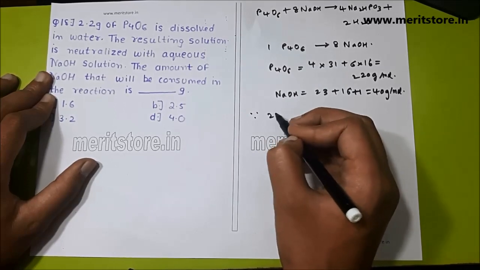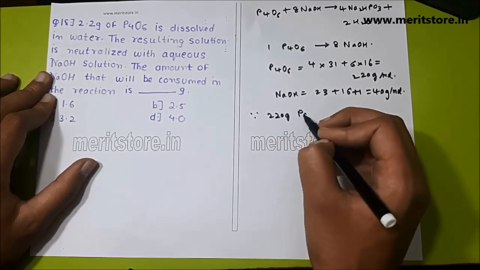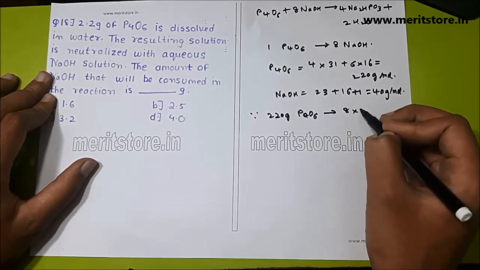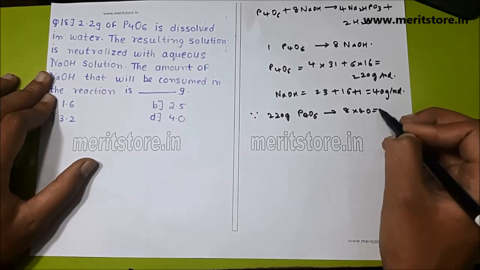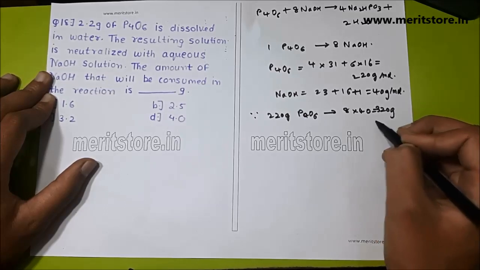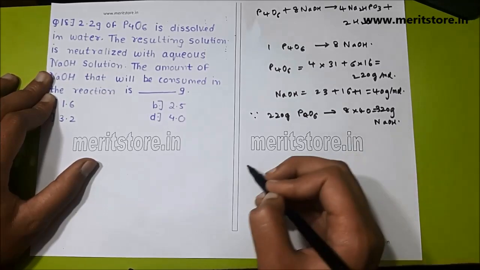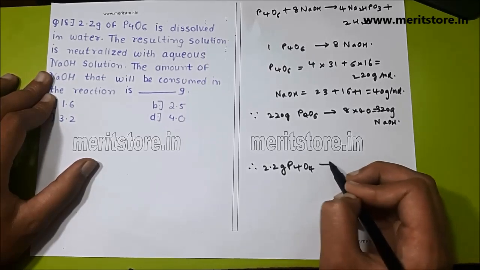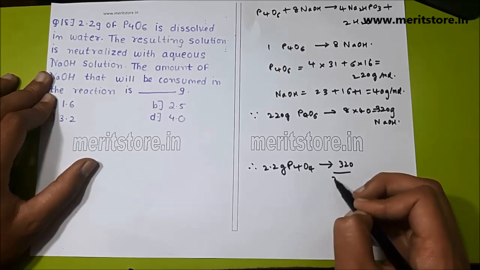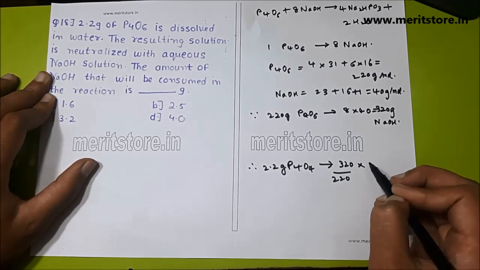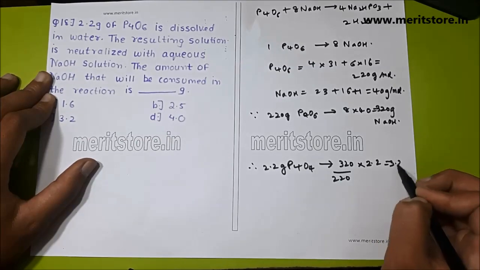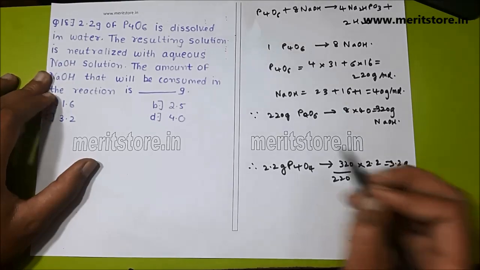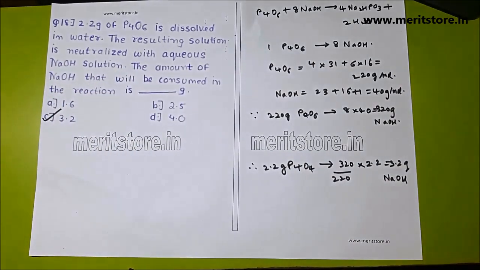Since 220 gram of P4O6 will react with 8 into 40 is equal to 320 grams of NaOH, therefore 2.2 grams of P4O6 will react with 320 upon 220 into 2.2, which is equal to 3.2 grams of NaOH. So option C is the correct option.